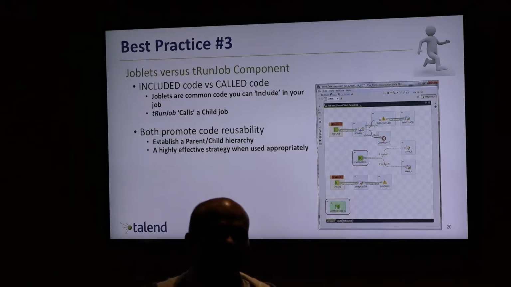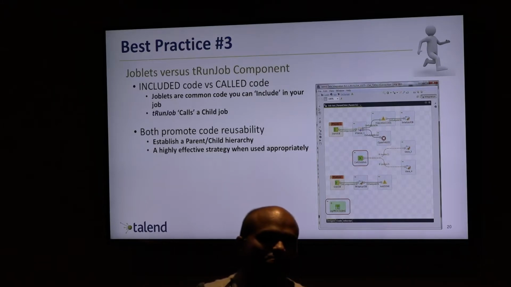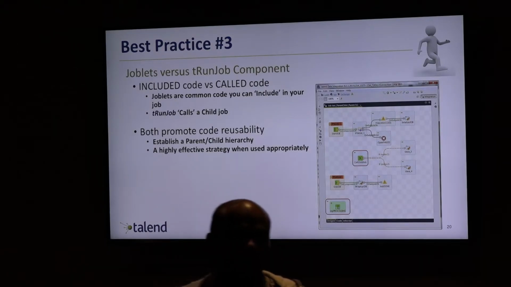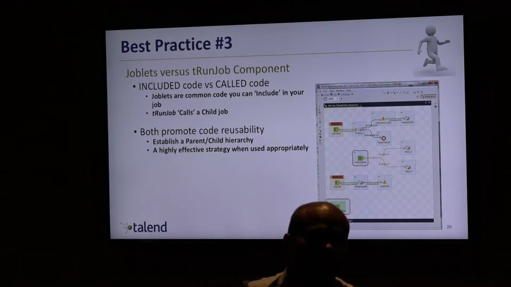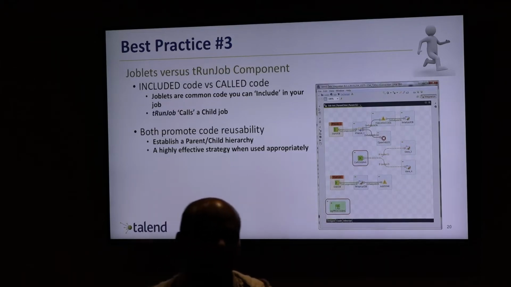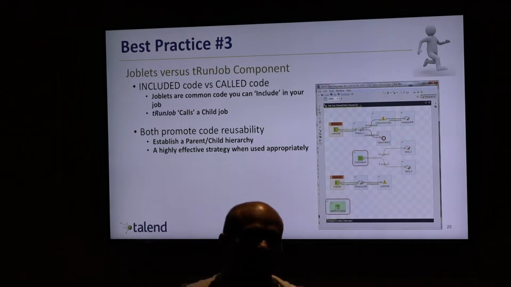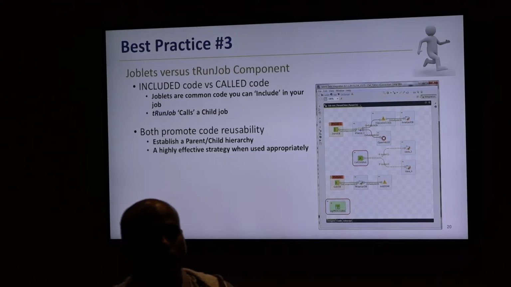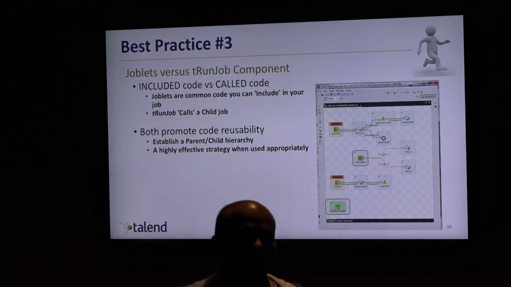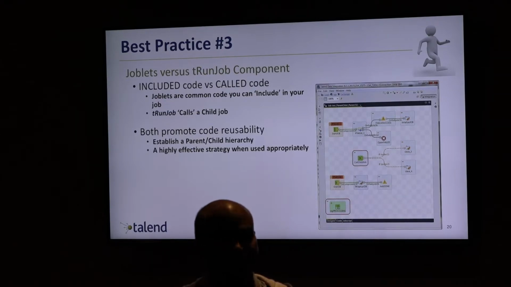If you have an error handling piece with 5 components and you put it into 30 jobs, can you still change it and have it cascade to all the other jobs? Yes, that's exactly why you would use it.